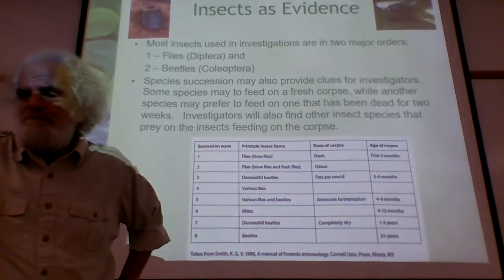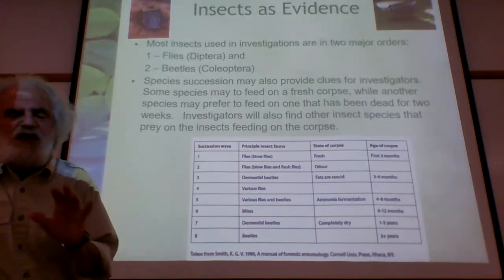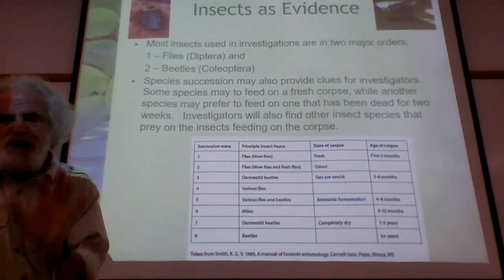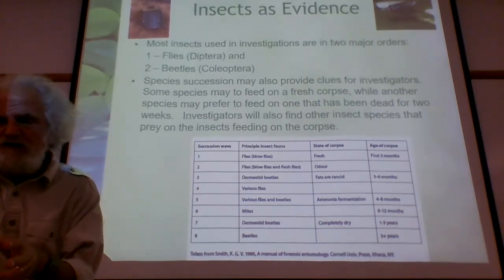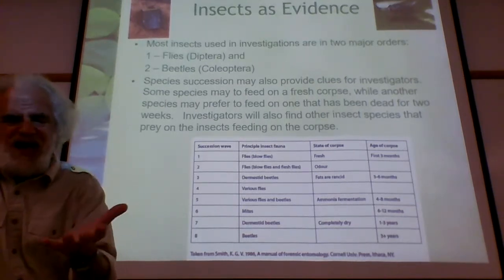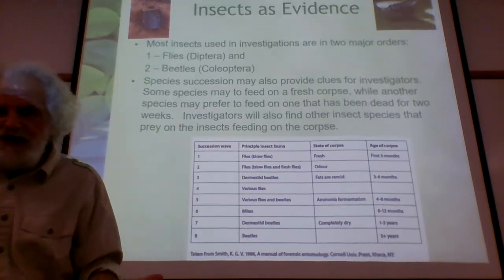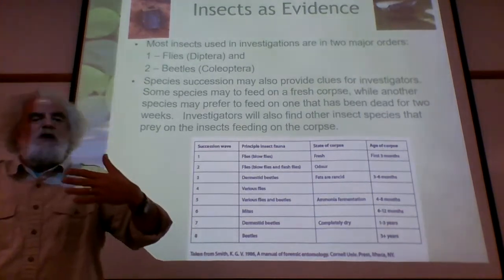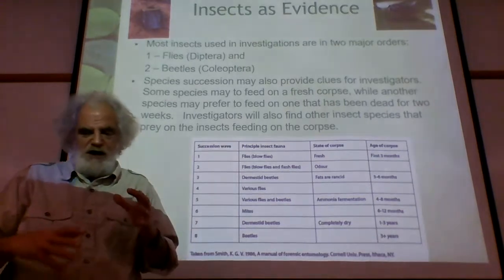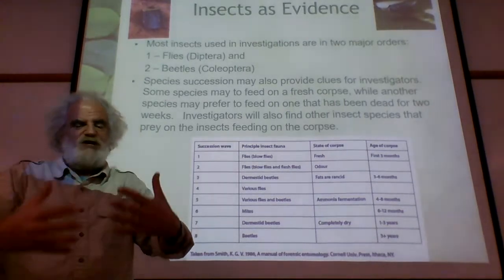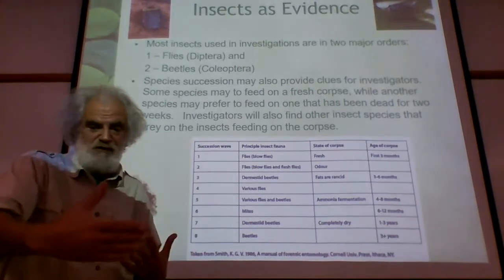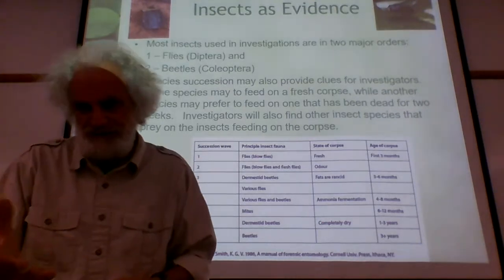So most insects that are used are really in two different kinds of what are known as orders. You have flies and you have beetles. And when you begin studying the kind of changes that a body undergoes and the insects that are on it, we have what's known as a succession.